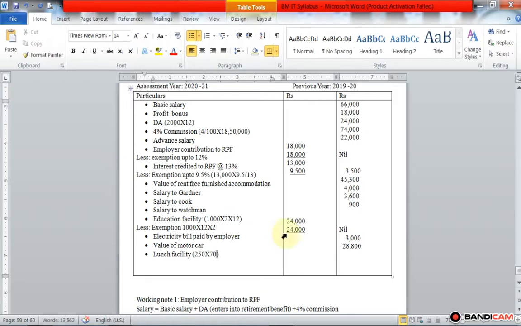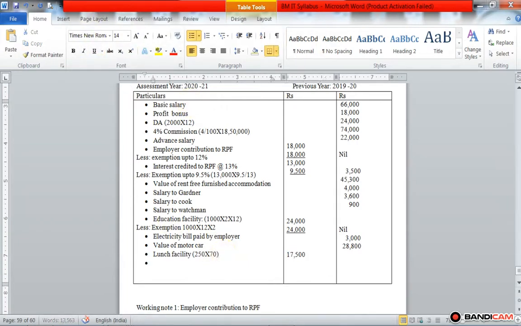So 250 multiplied by 70, we get an amount of rupees 17,500. Then less exemption.